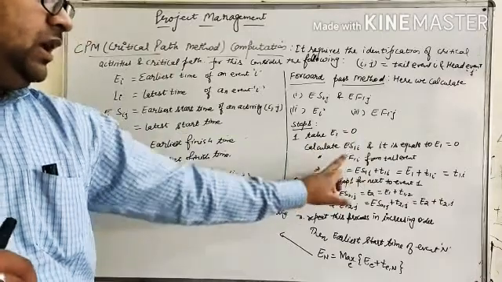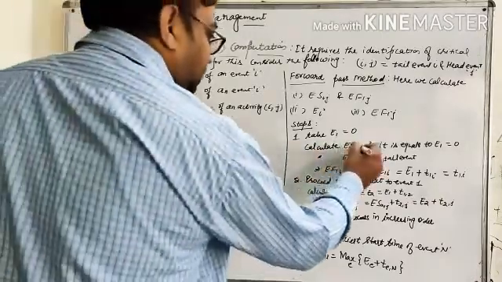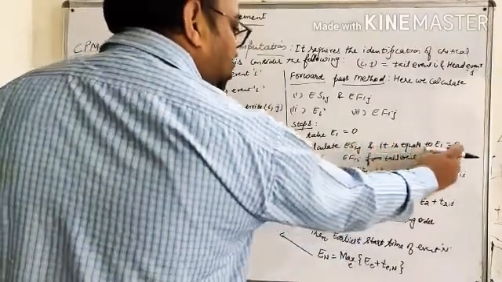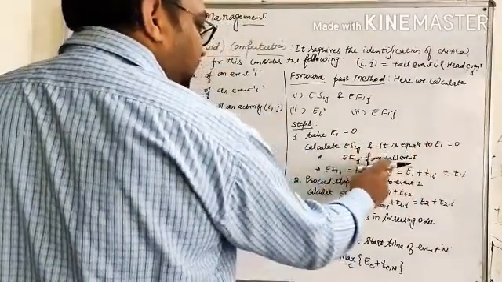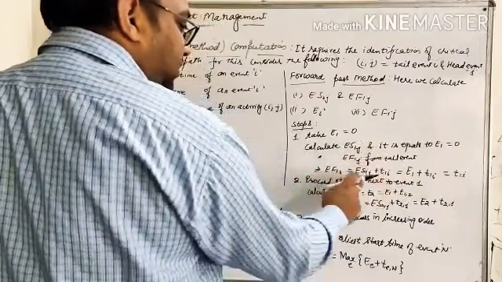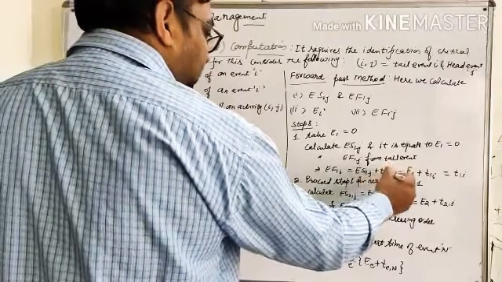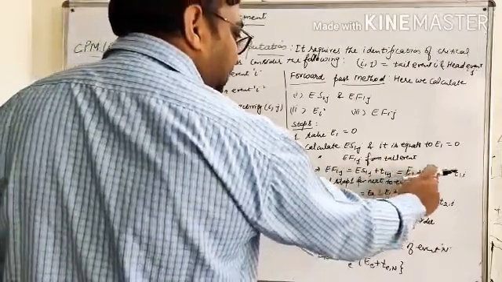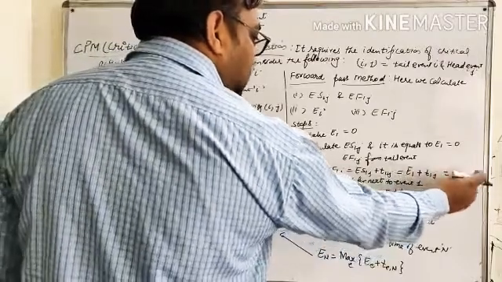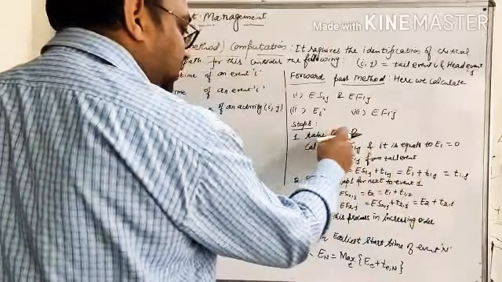Now we have to calculate ES1j, which equals E1, equal to 0, and calculate EF1j from the tail event. EF1j equals ES1j plus T1j, which equals E1 plus T1j, that is T1j, because E1 equals 0.